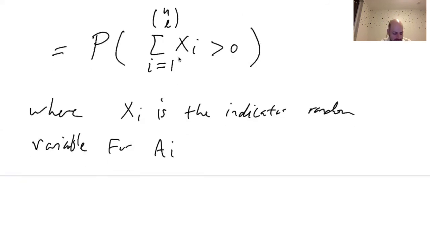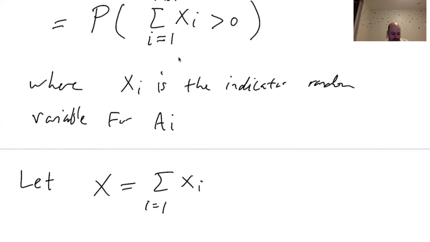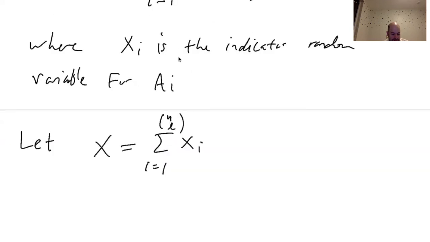Okay, so now if I call this X, let X equal the sum of x_i, for i from 1 to n choose L. I can call it x_n, because it depends on n.